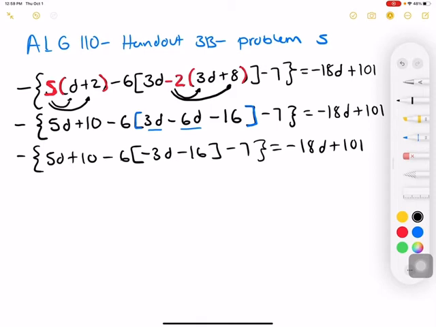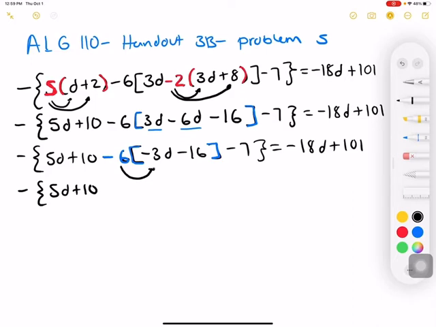Okay, now that I combined like terms, I'm going to get rid of the next innermost parentheses that I have, which are the brackets. And what do I have in front of that bracket? A negative 6. So this is what I'm going to use for the distributive property to get rid of that parenthesis. So 5d plus 10, and I'm going to do the multiplication.